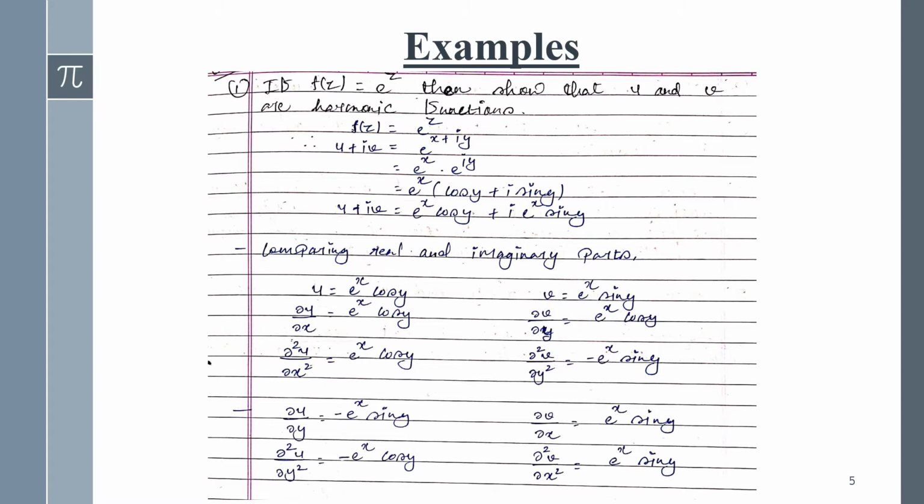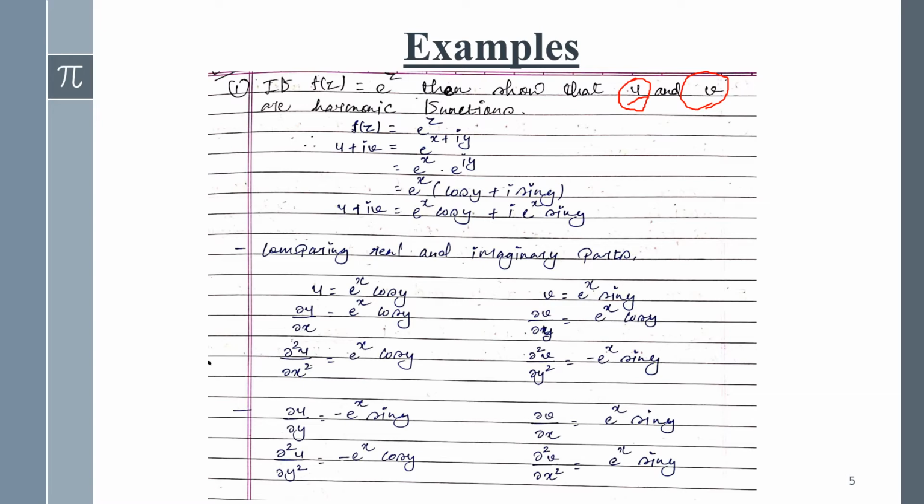Here you have to prove harmonic function, and you have to prove the Laplace differential equation condition, that is uxx plus uyy equals 0. Since it is given for both components u as well as v, for both components you have to prove these conditions. For u it will be uxx plus uyy equals 0, and for v it will be vxx plus vyy equals 0.